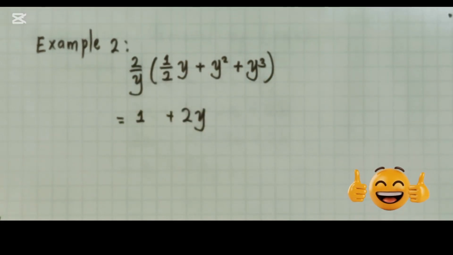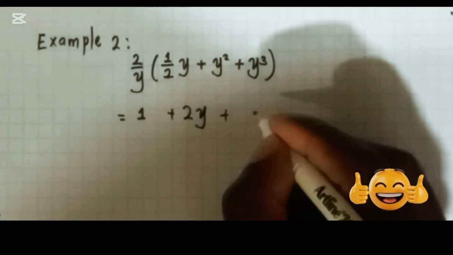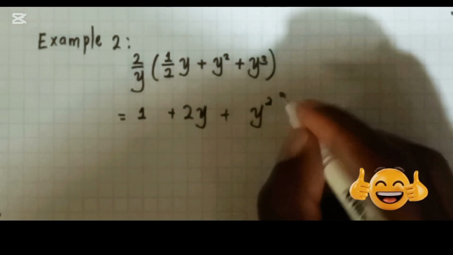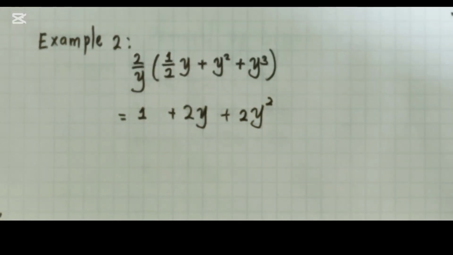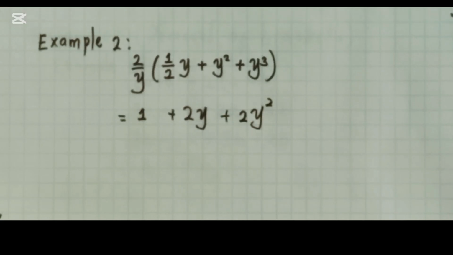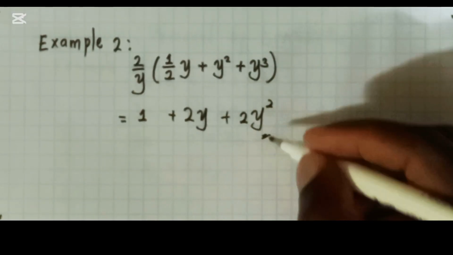That's going to be y squared, and then 2 times y squared giving us 2y squared. Now, this here is the expanded version of this problem. That is 1 plus 2y plus 2y squared. Being that there are no like terms, we will leave our answer at this point.